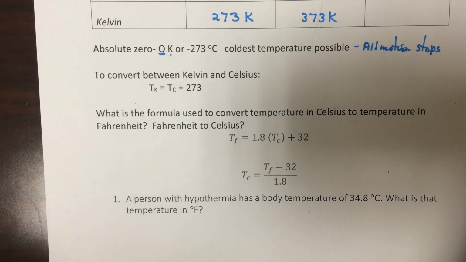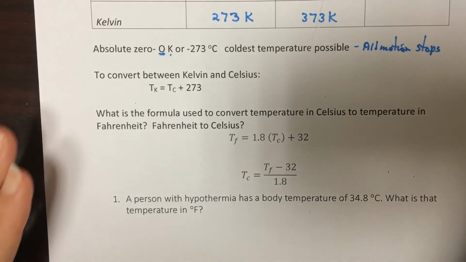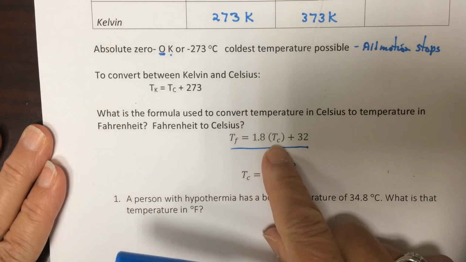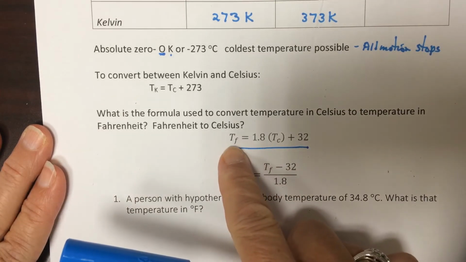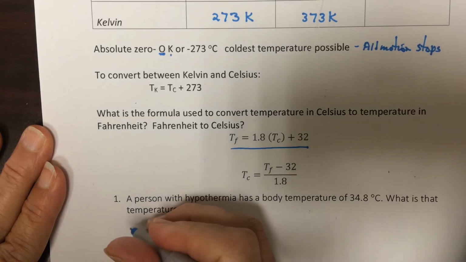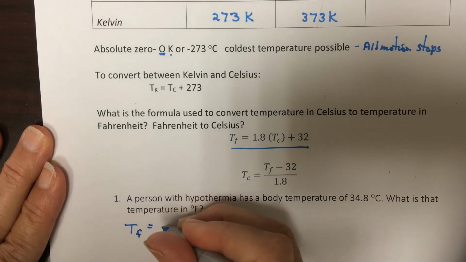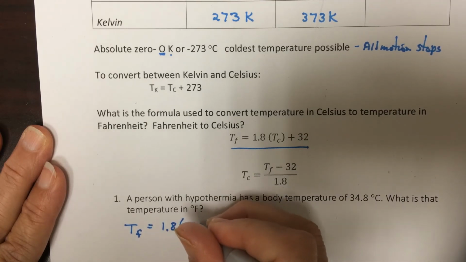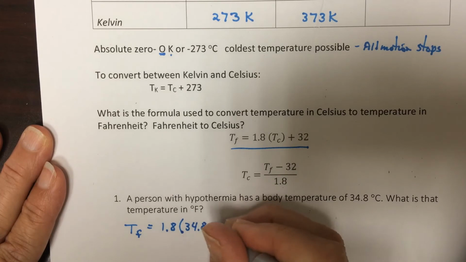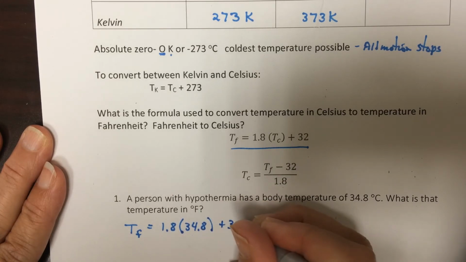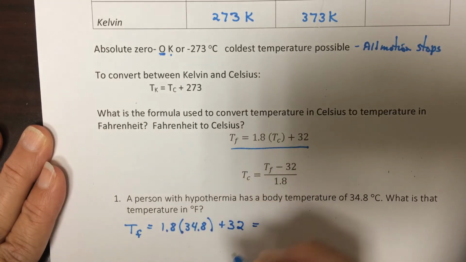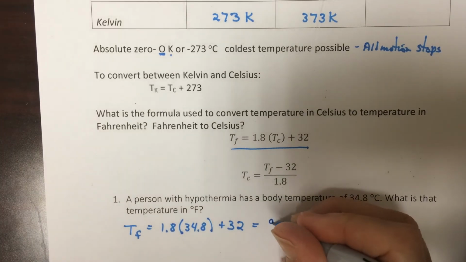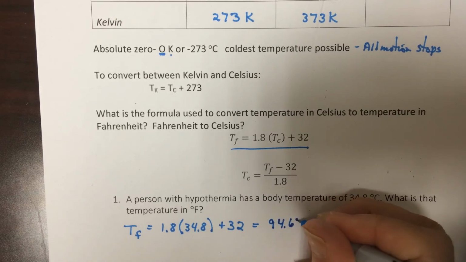They've given us the Celsius temperature, so we want to use the formula that has Celsius in it and has Fahrenheit as the answer. So the Fahrenheit temperature is going to be equal to 1.8 times the Celsius temperature, which was 34.8, plus 32. And the answer you get is 94.6 degrees Fahrenheit.